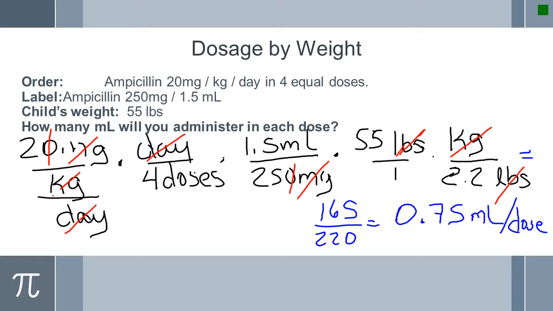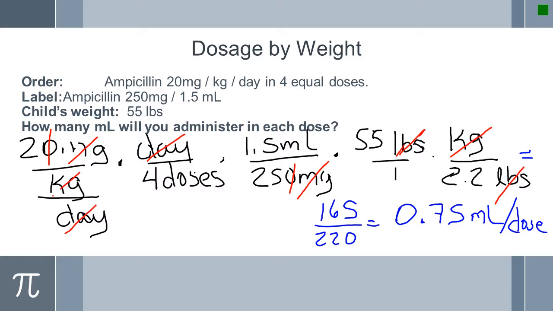So then I just do my math, or I take out some zeros. So I'm going to take out a 0 on the bottom, a 0 on the top. And so then all I have to multiply is 2 times 1.5 times 55, which gives me 165 on the top.